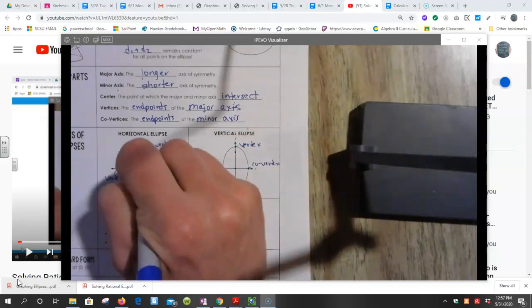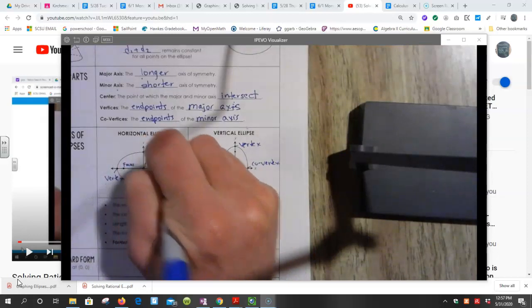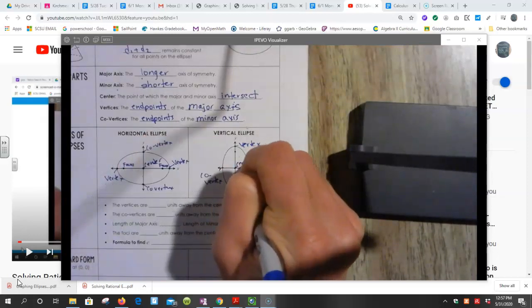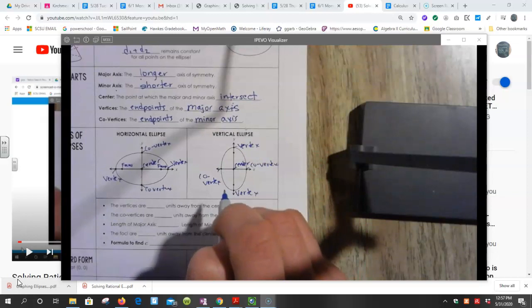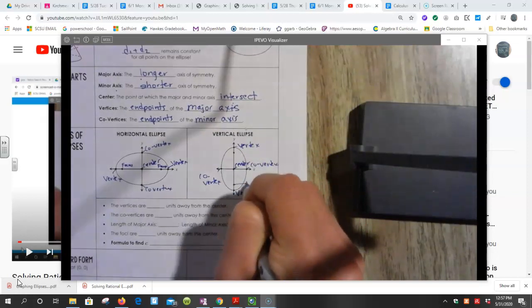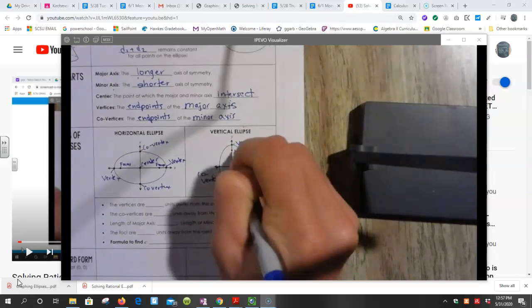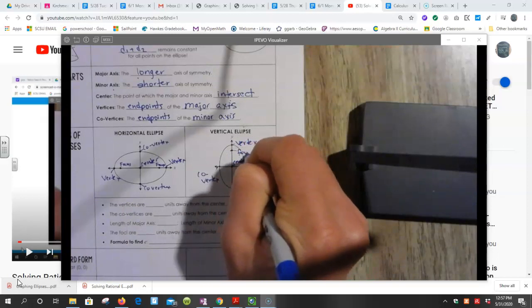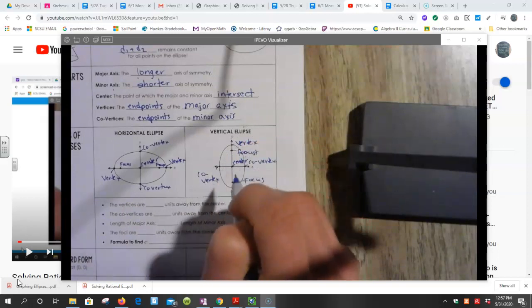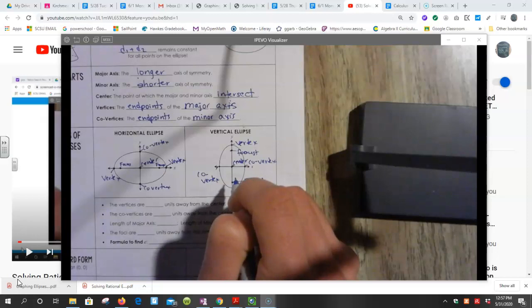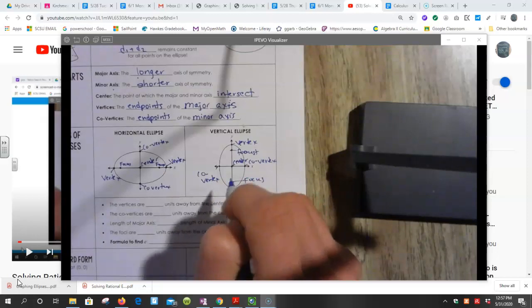That's our center. I forgot to put that last time, so I'll label this one. That's our center, and that's our focus. Remember, the foci are the two fixed points from which the distance is calculated to the outside of the ellipse.